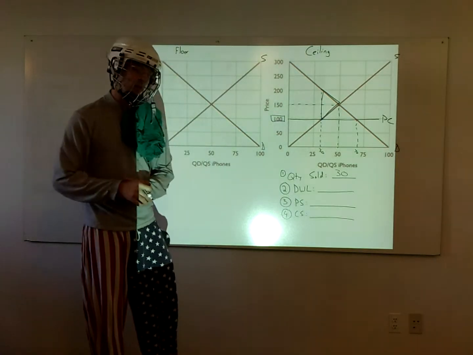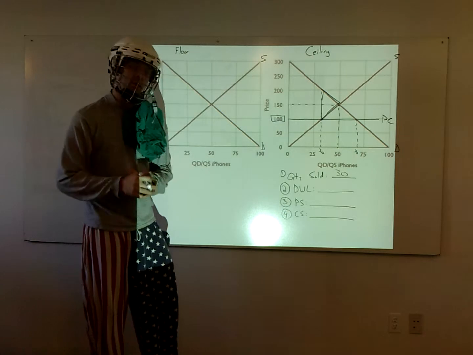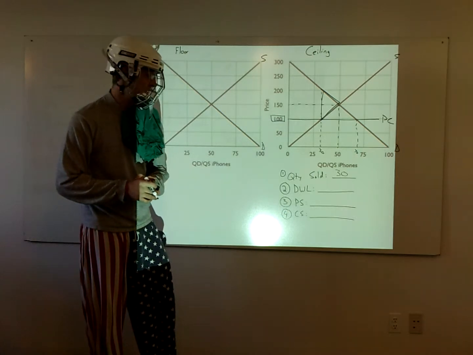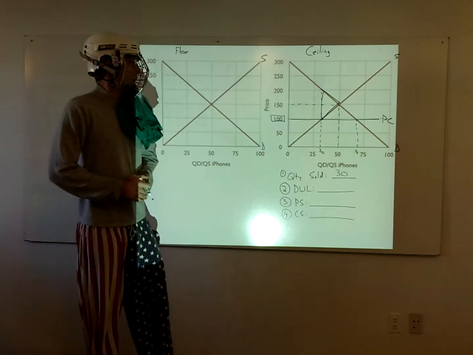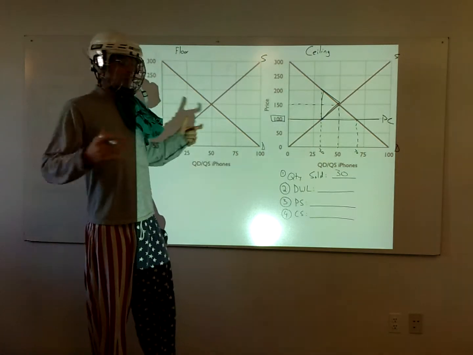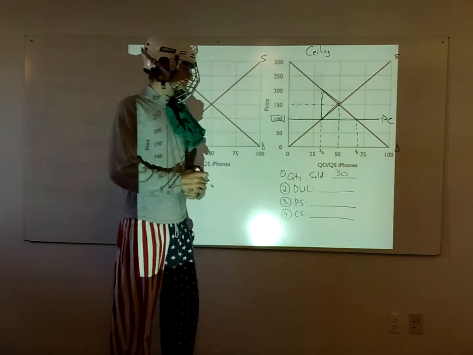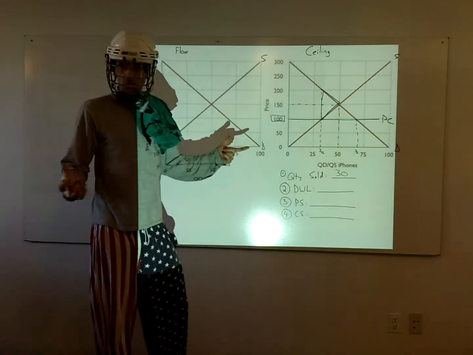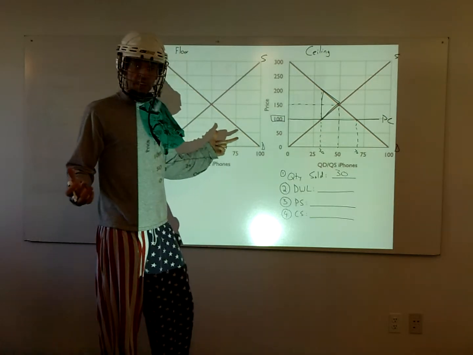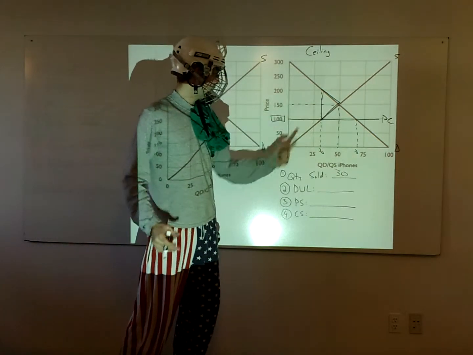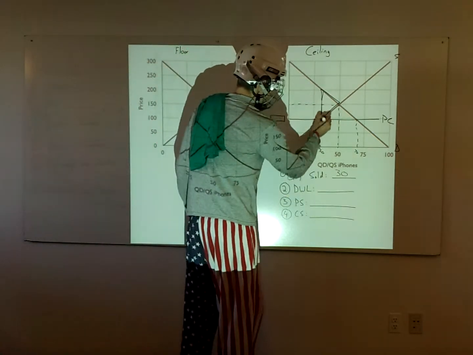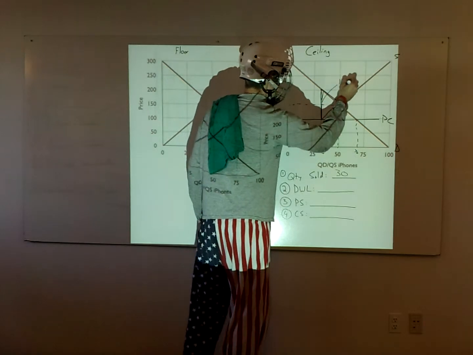So if the price ceiling were at $50, what would happen to my deadweight loss triangle? It'd get bigger. Now, remember, if you wanted to find a number value here, the way you would do it is one half base times height. So the base of this triangle is 100.